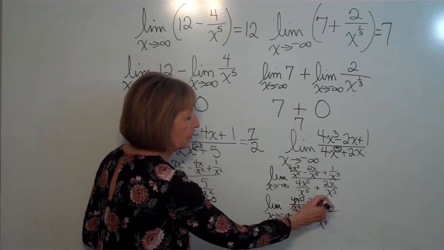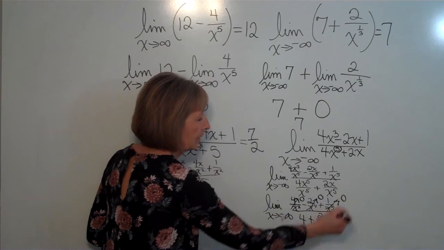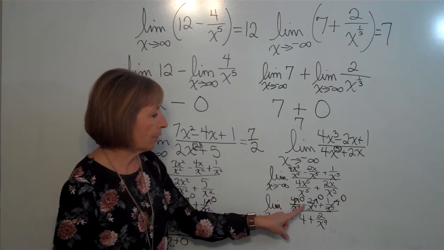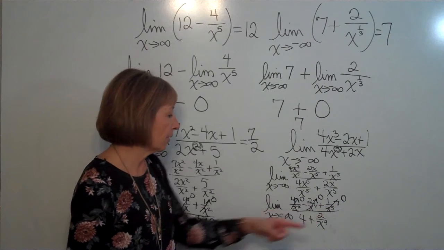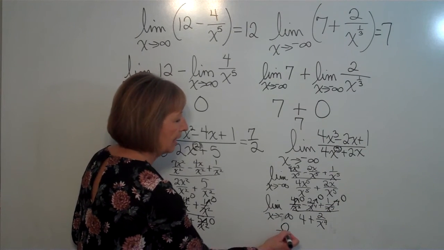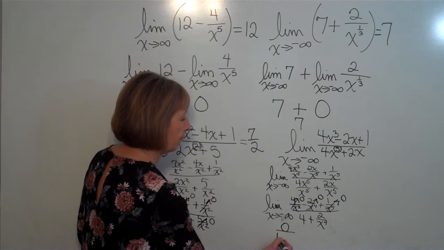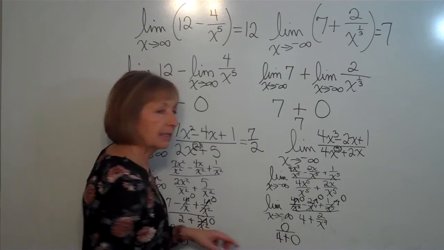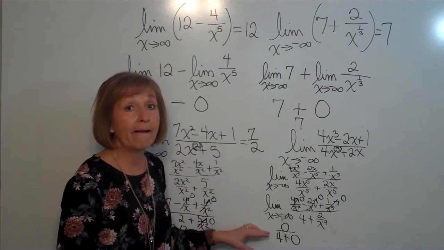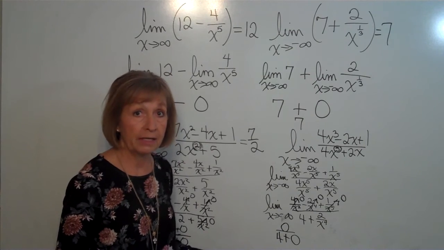The next one also goes to 0. So in my numerator, I have 0 minus 0 plus 0. So my numerator, I have 0. And in my denominator, I have 4 plus 0. And so that's 0 divided by 4, and 0 divided by 4 is 0.